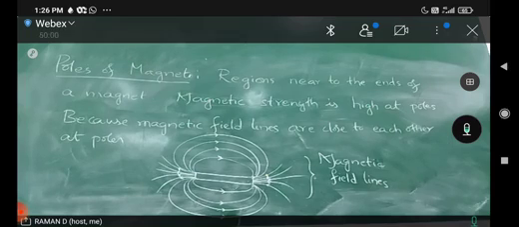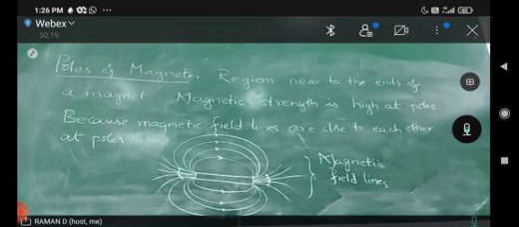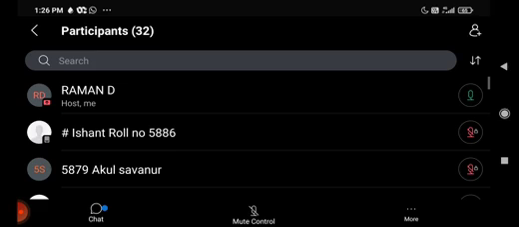You have to ensure that that magnet is able to rotate freely. And when it is rotating freely in the air, after some time it will come to rest. When it comes to rest, it will come to rest in 2 directions, keeping its both poles in 2 directions.